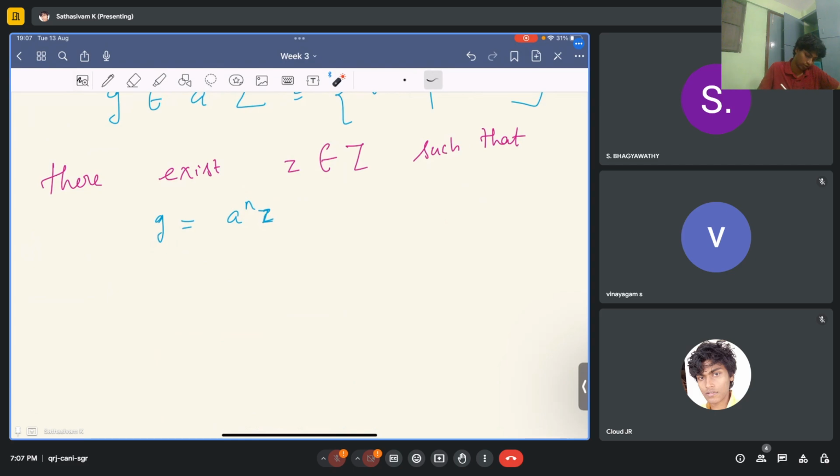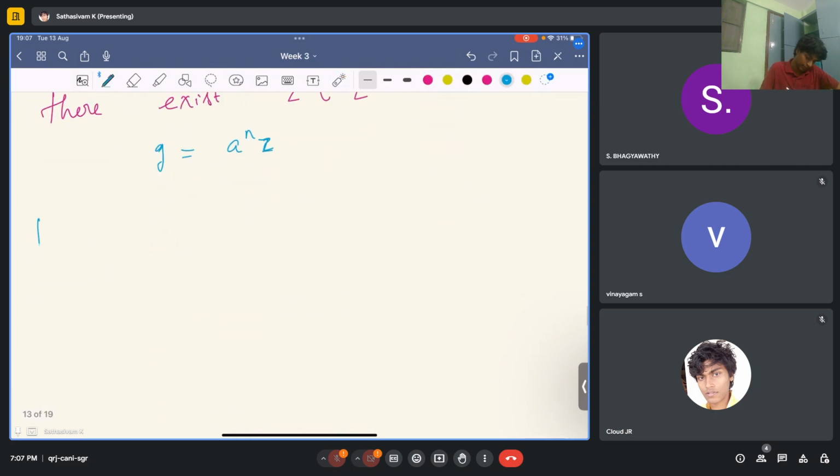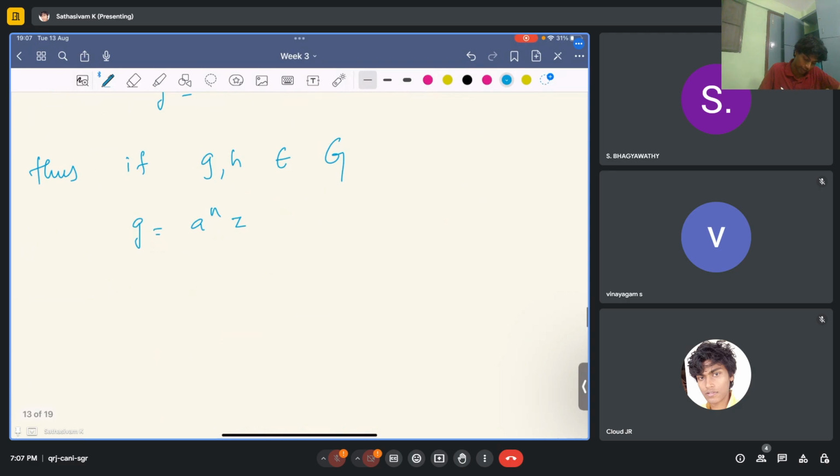This Z will be different. Thus, if you take two elements G, H belongs to G, then G looks like A power n small z, and H looks like A power m, let's say Z1, where this Z belongs to the center, and this Z1 also belongs to the center.